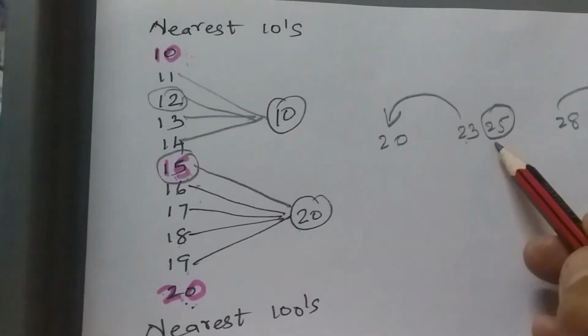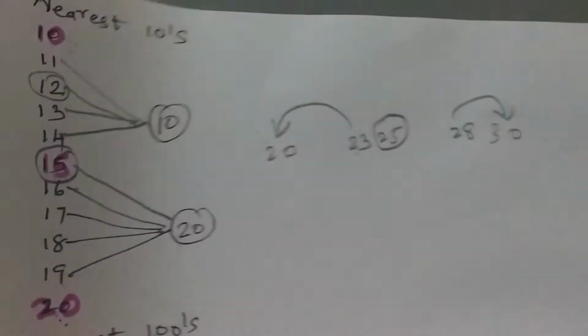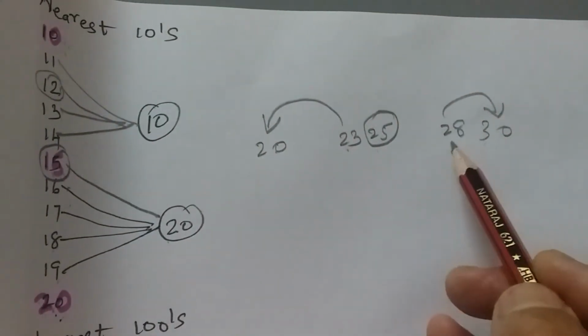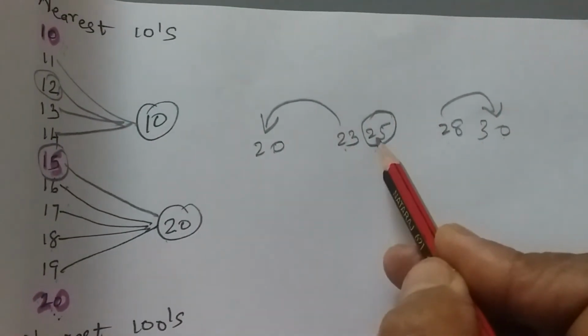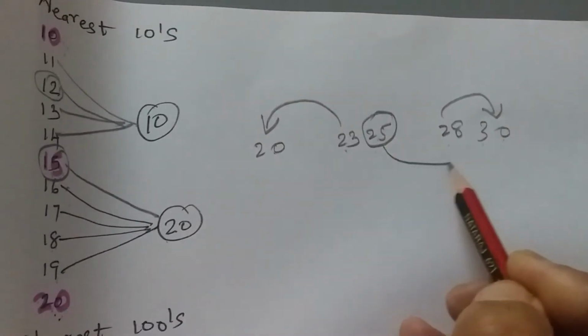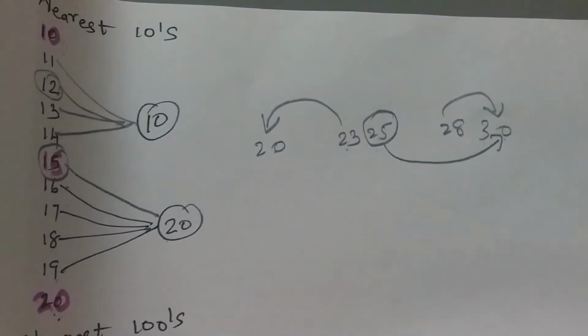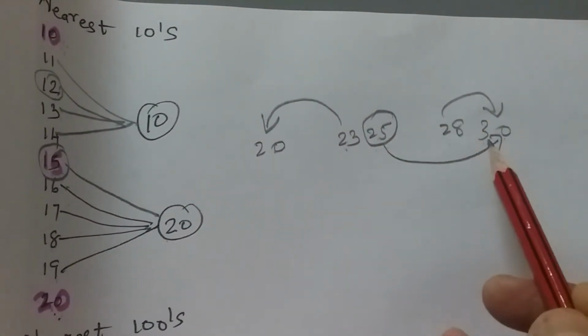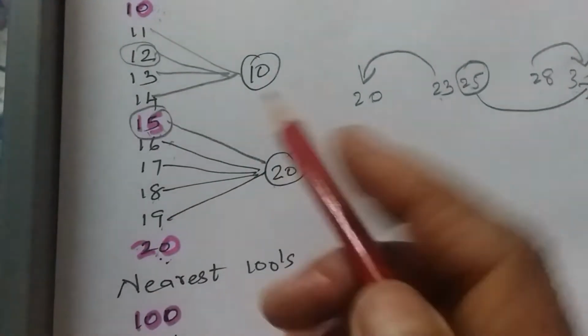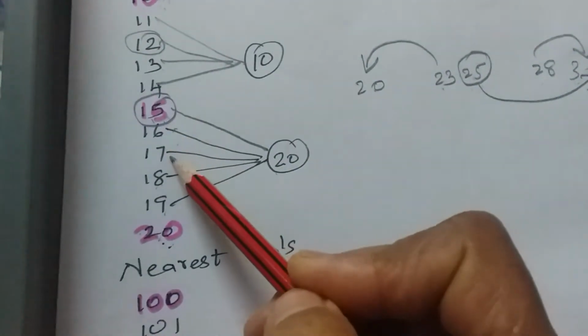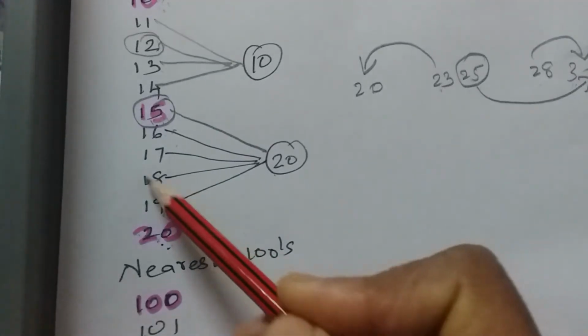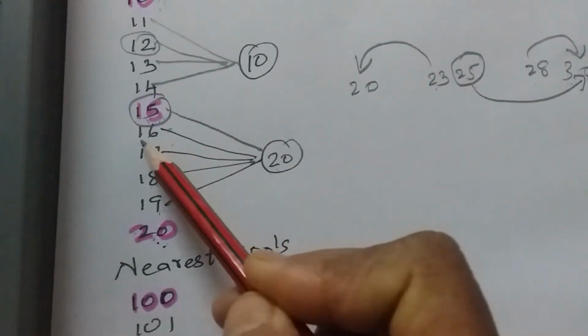And what about 25, the mid value? Yes, always it is estimated to the higher tens, that is 30. The mid value is also estimated to the higher value, 30. So if the ones place is 5, 6, 7, 8, 9, we estimate to the next 10. If it is 10, 20.